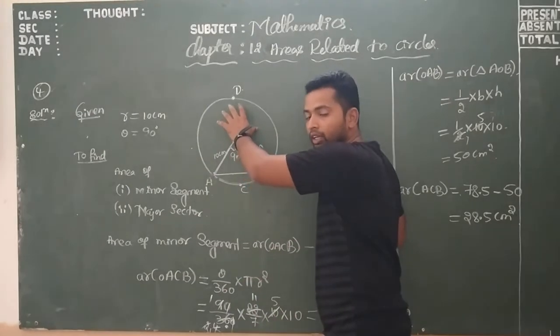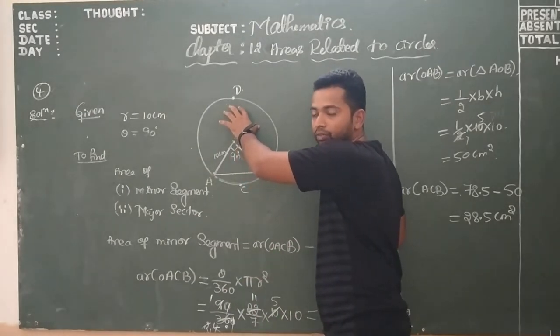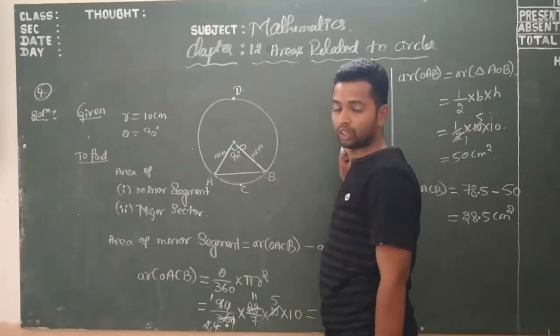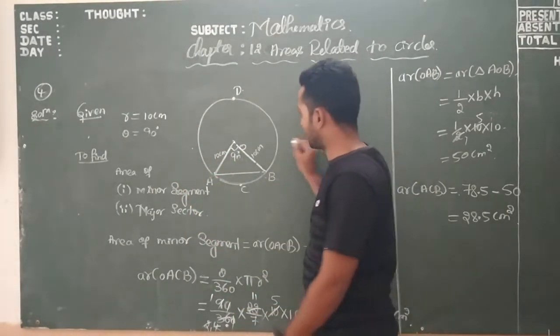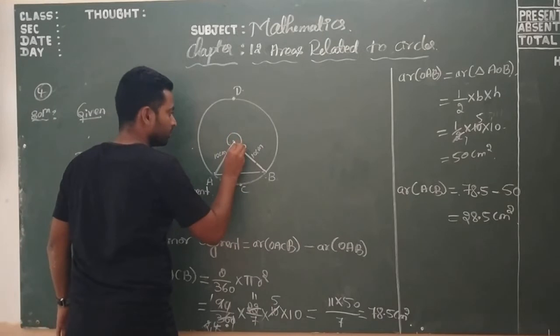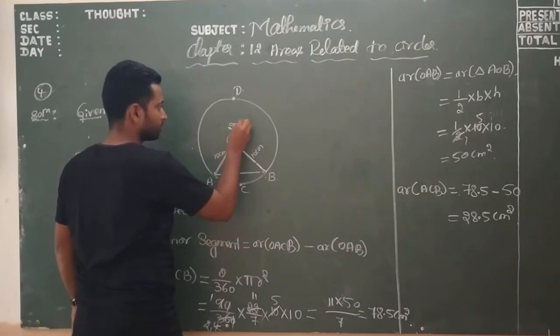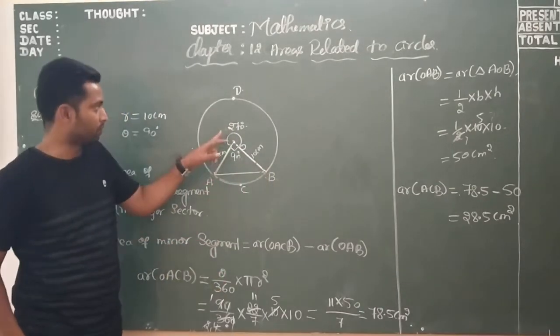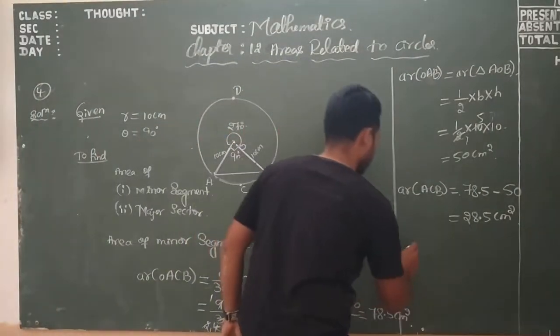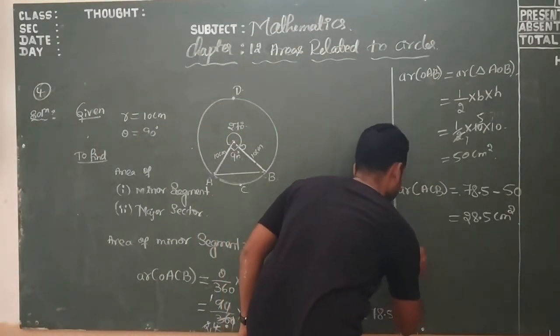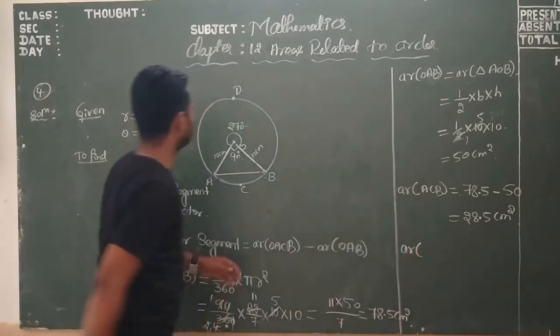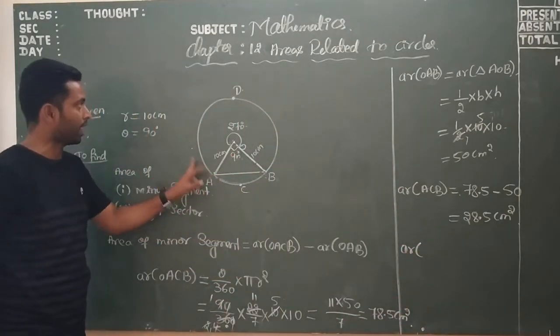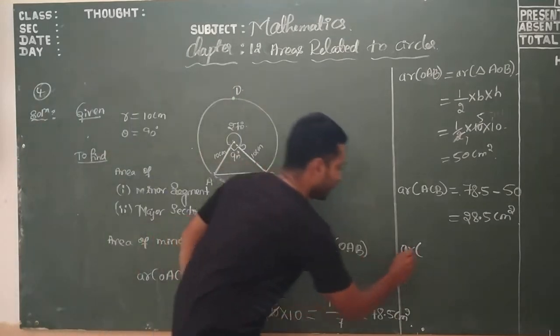To calculate the area of the sector, we want the angle theta. That theta would be 270 degree, because 90 plus 270 makes 360 degree. So the area of major sector OADB.